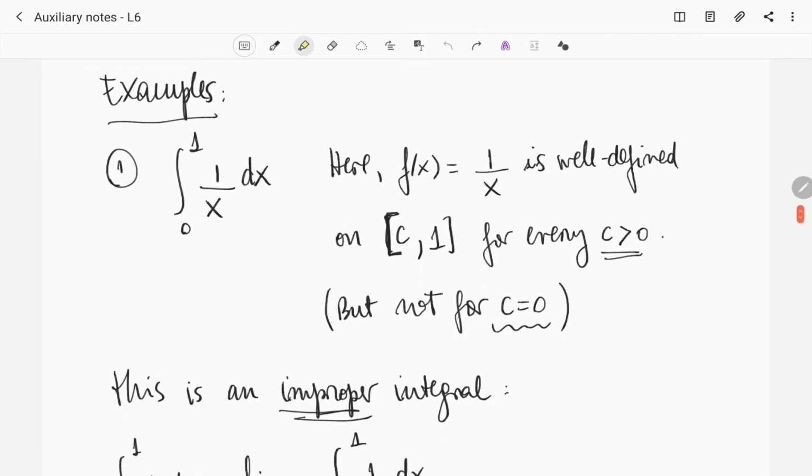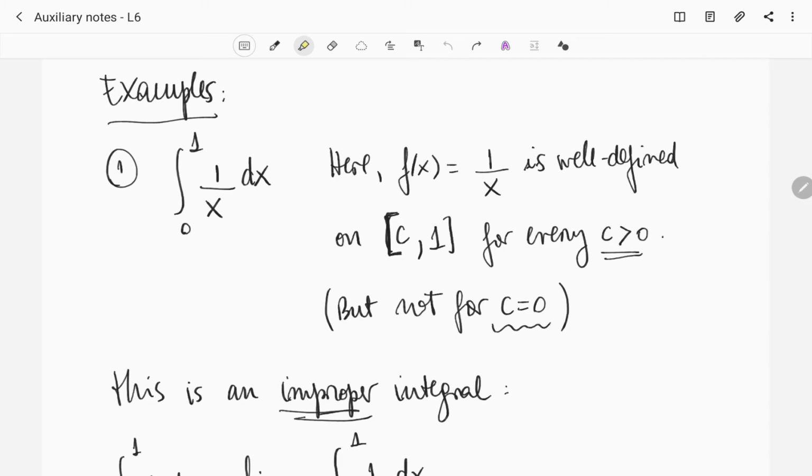Okay, first one. Here we have the integral from 0 to 1 of this f. And this f is well defined when we are not exactly 0. So for every c greater than 0, we are okay.